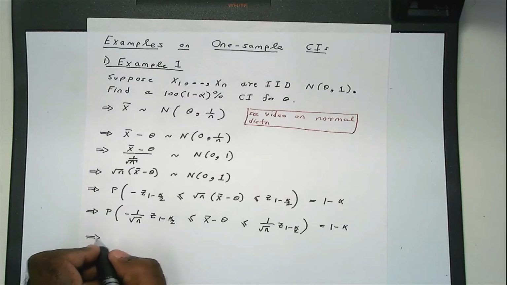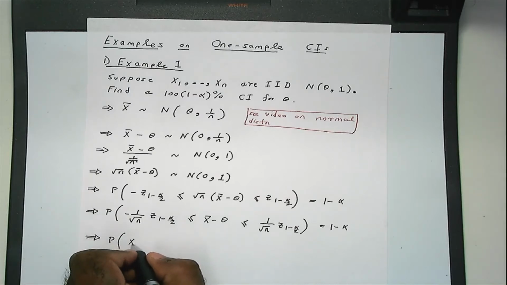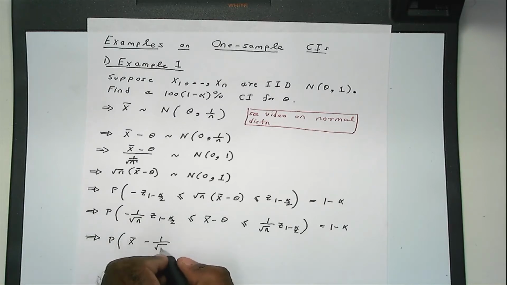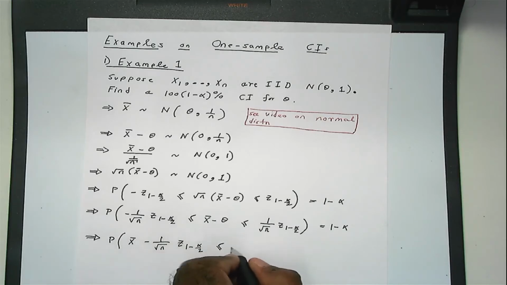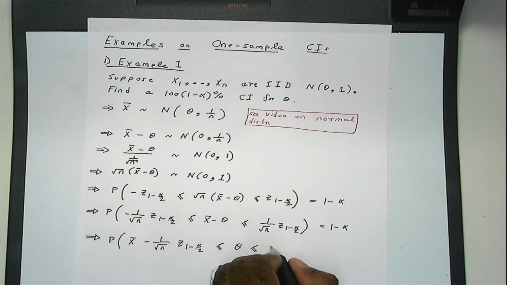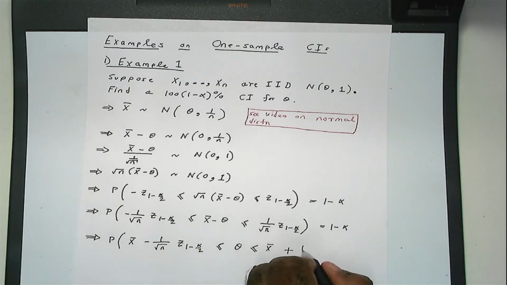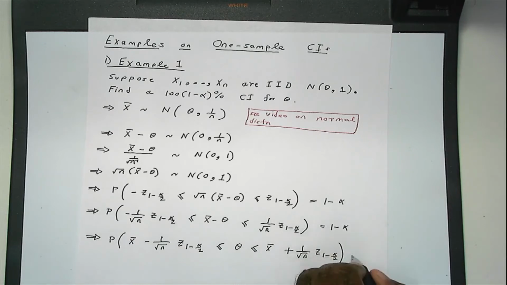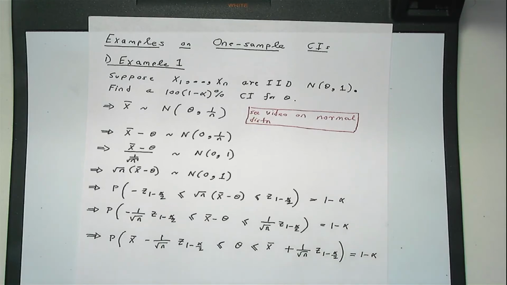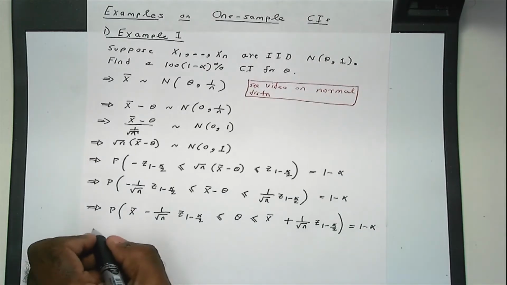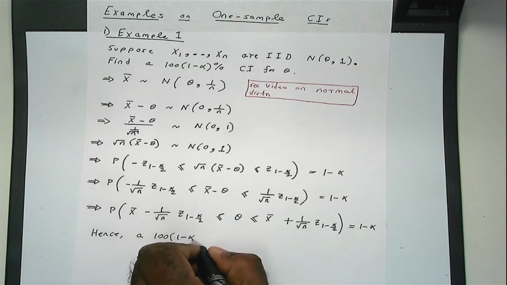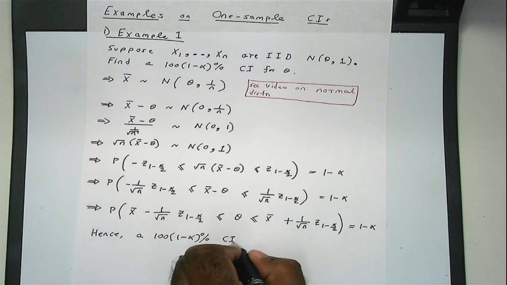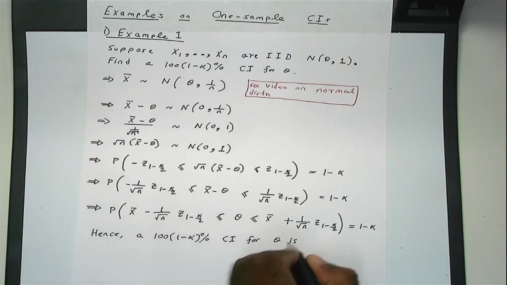This is the probability that x bar. So the conclusion is the following, that hence the lower limit, comma the upper limit.